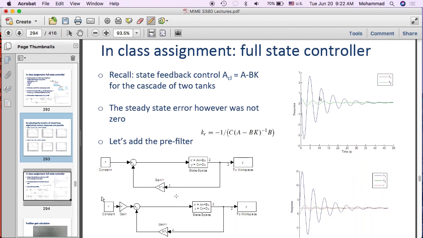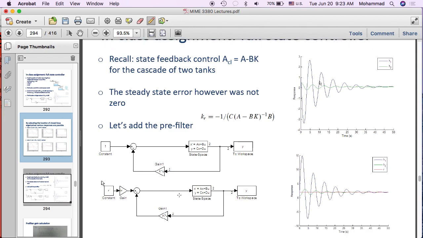So the question then is, what is the general value that Kr should assume so we have zero steady state error? So y in steady state matches r. It turns out that value is what we have in the middle of this slide. This is the value of the pre-filter to guarantee that we will have zero steady state error. So what is it?